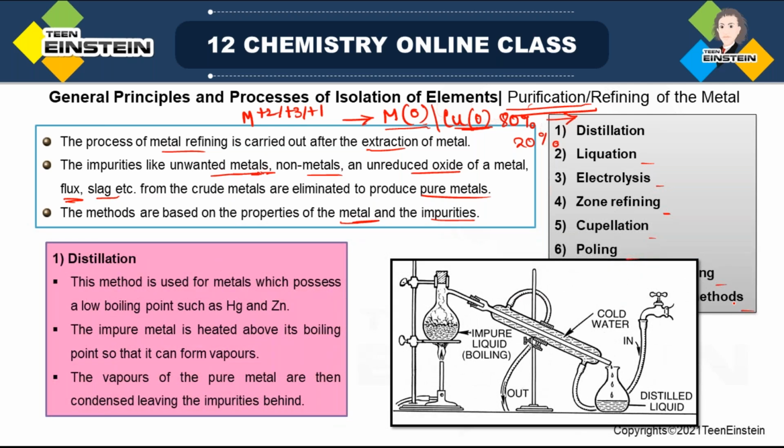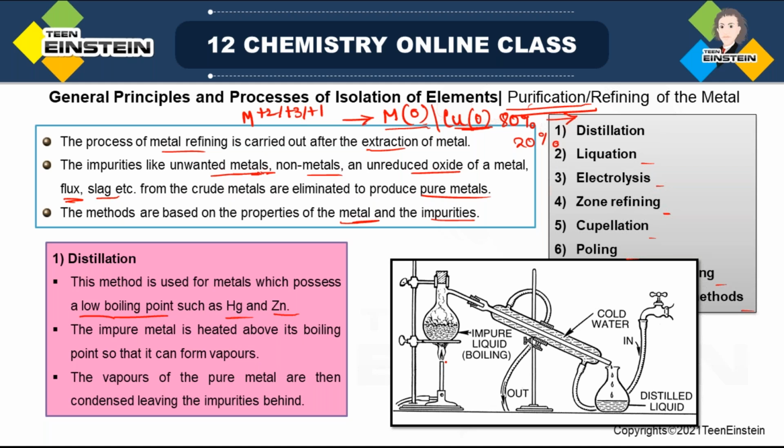The first method, distillation. Which metals are used in this process? Only those metals you can use which have a low boiling point. And this condition is fulfilled by mercury and zinc. So mercury and zinc can be purified by distillation.